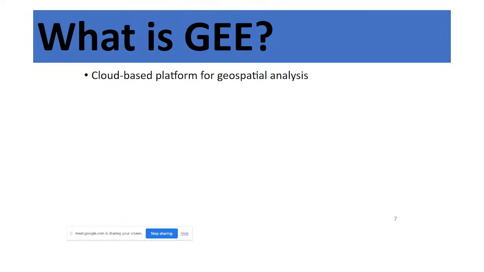In the same way, Google Earth Engine is a totally cloud-based platform, so it has its own server. On this server, we can easily access over 40 years of satellite imagery. Not only satellite imagery, but all kinds of datasets, raster and vector, we can easily access from the Google Earth Engine server.